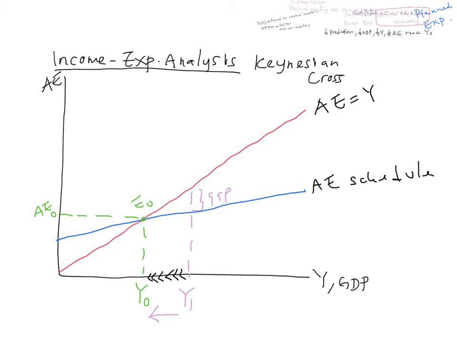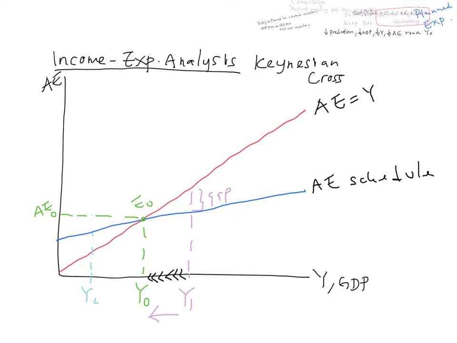Okay, what happens if instead you start at Y2? What happens if you start at this point over here? Now again you are in a disequilibrium. So I don't need to go that far up, sorry. So again we are in a disequilibrium, right?